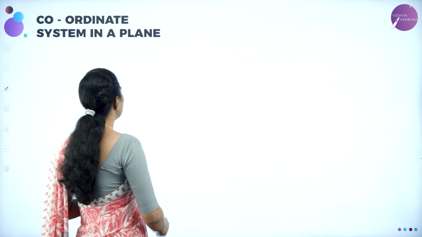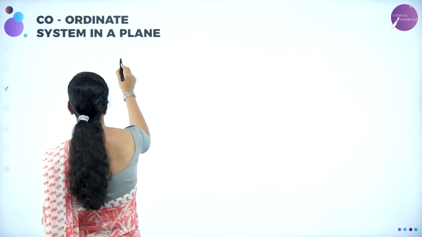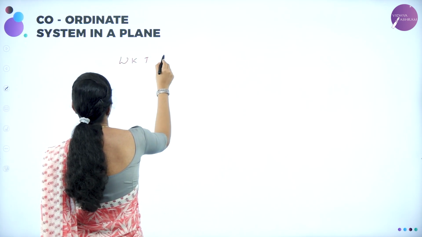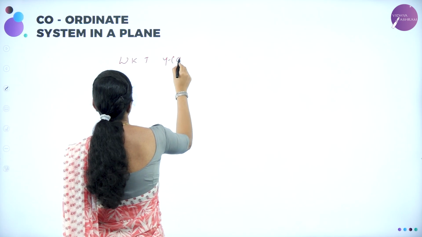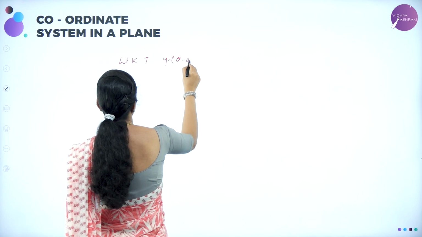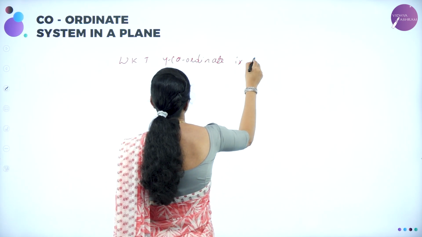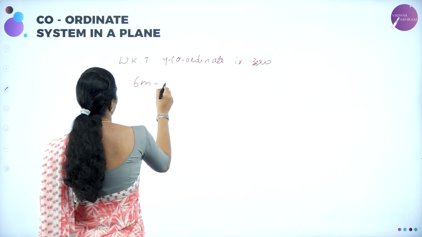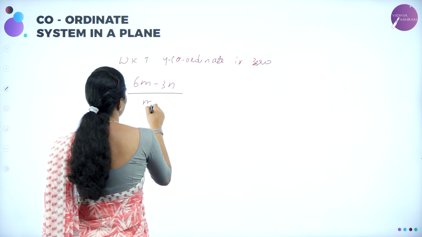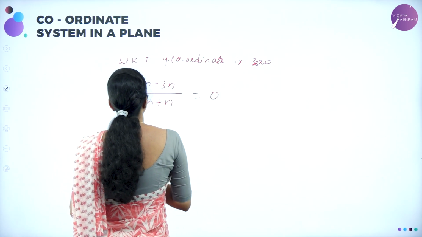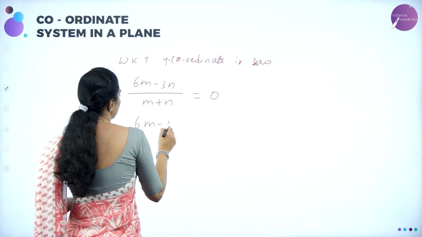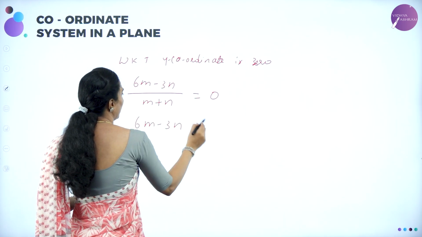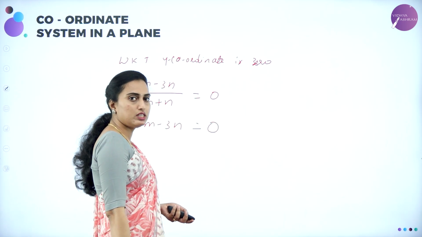We know that the y coordinate is 0, therefore (6m minus 3n) divided by (m plus n) equals 0. Cross multiplying, 0 into anything will be 0.